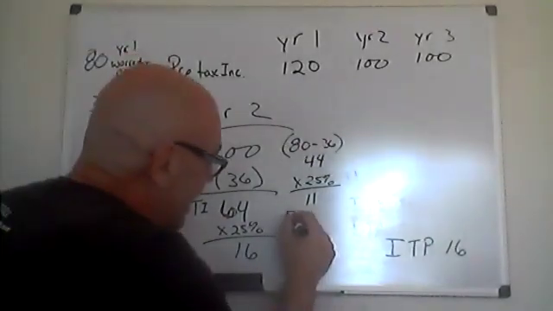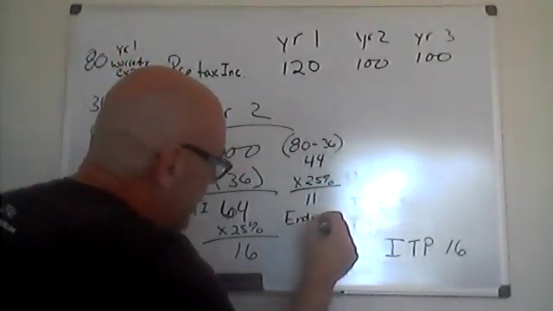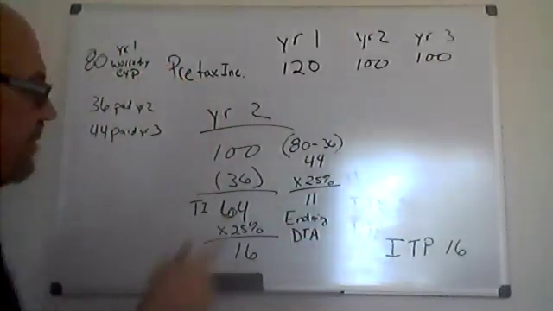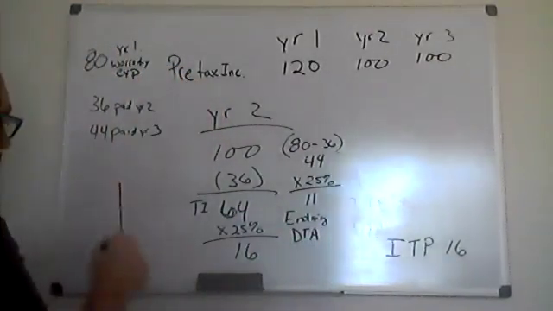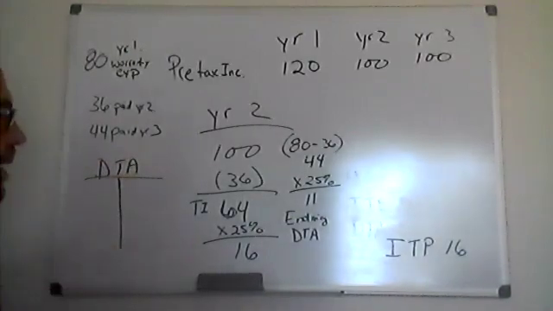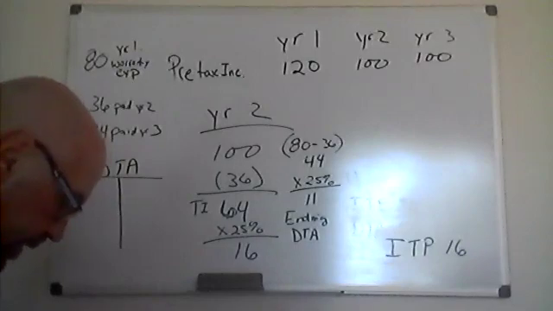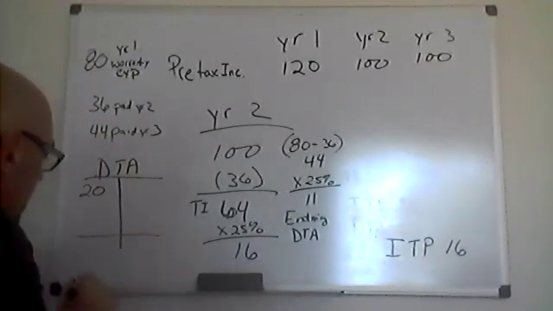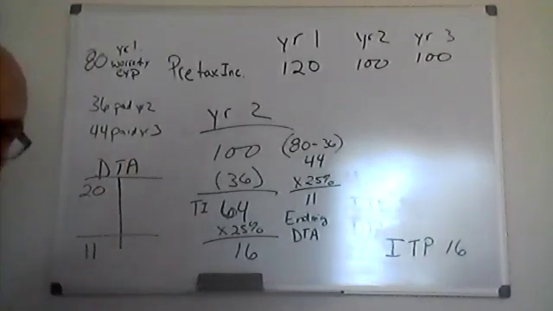You remember that is our ending DTA. So we have to take that number, plug into the deferred tax asset T account here. We started it off, we created it, we had 20, we need an ending of 11.